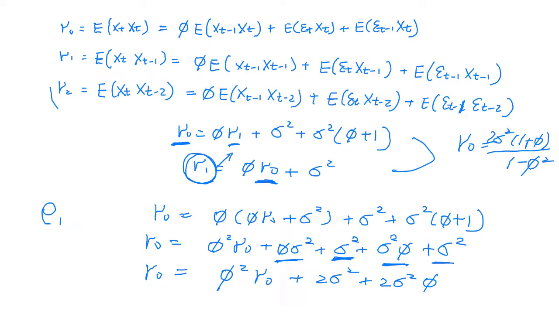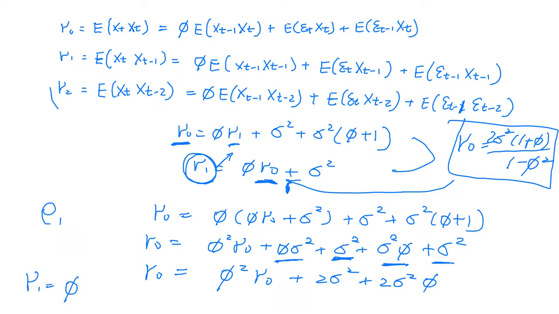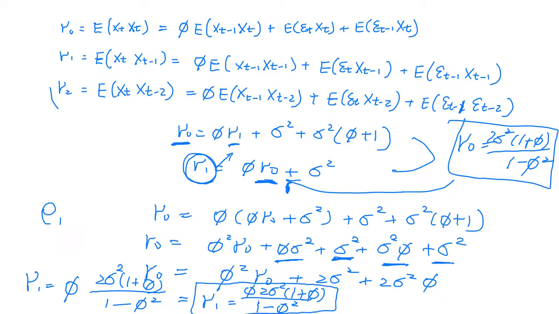Gamma 1 is just plugging this into this term, right? So gamma 1 will be C times this, and you will have gamma 1 equal to 1 minus this, psi 2, this, 1 plus this. This is your gamma 1.